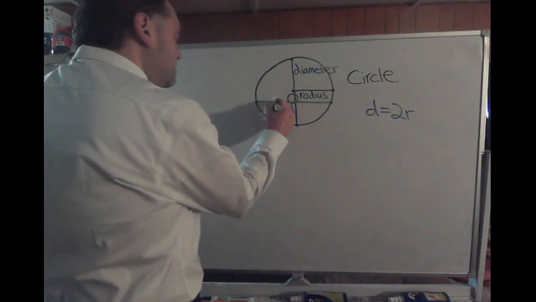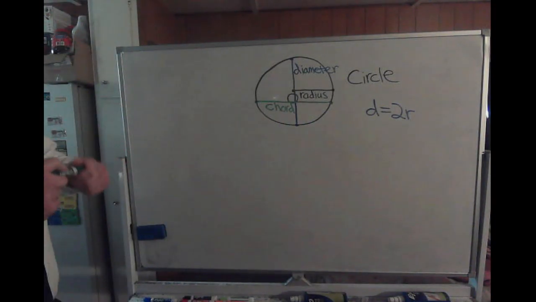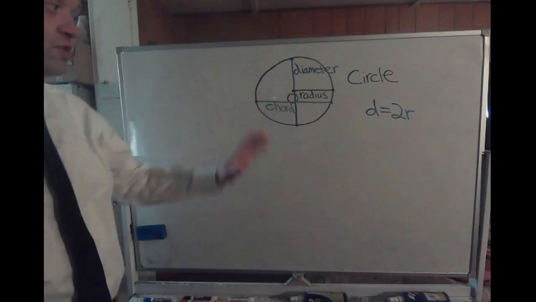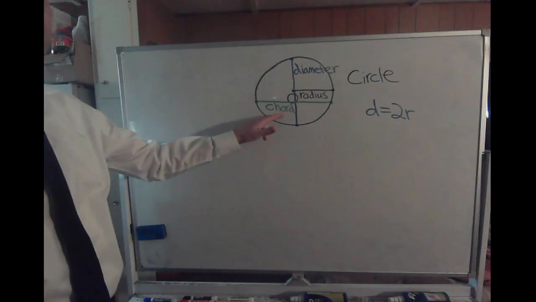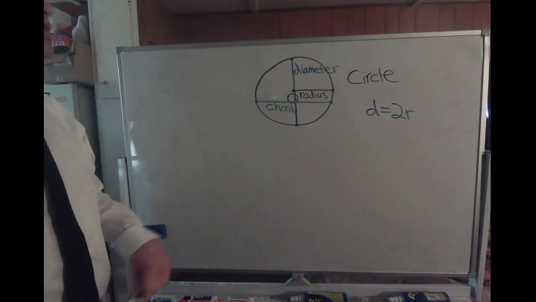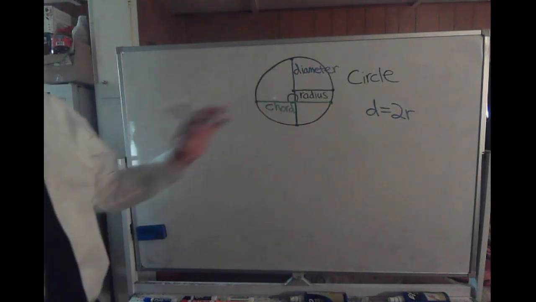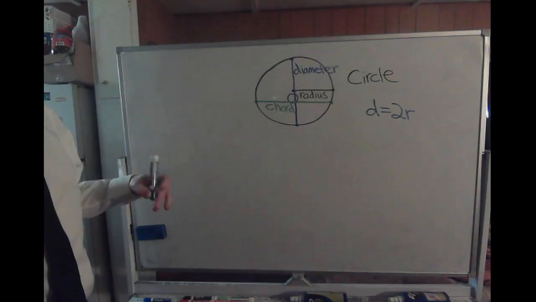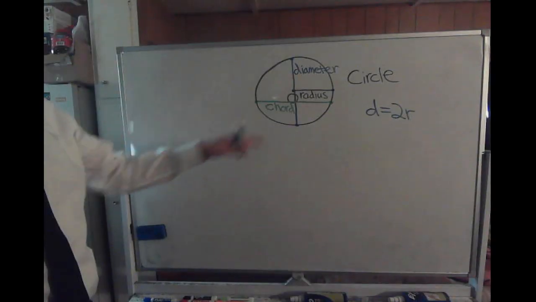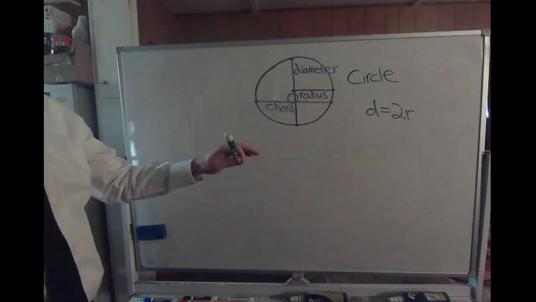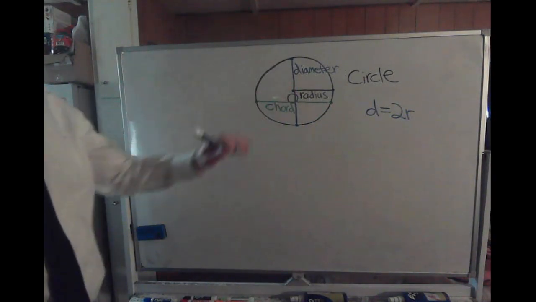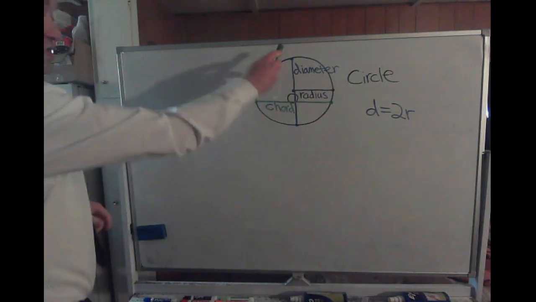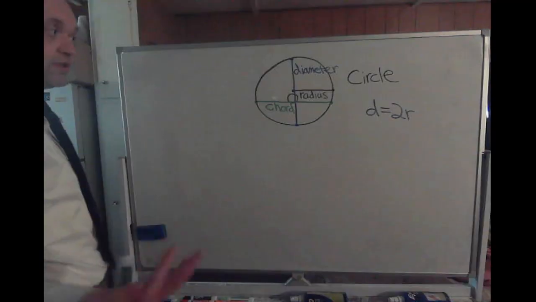That is called a chord. Now you can also say the diameter is a special type of chord that runs through the center of the circle. That's what sets it apart from your normal chord. A diameter is a type of chord because it still connects two endpoints on the circle, it just happens to run through the center also.